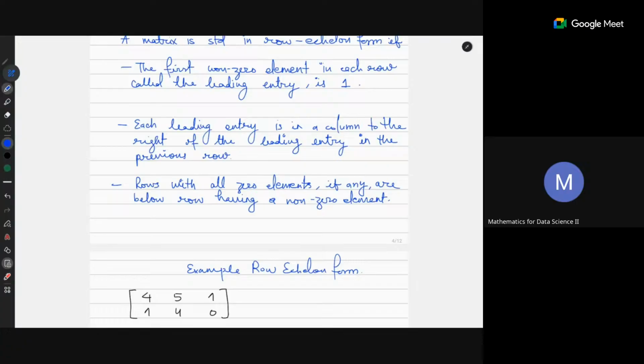So let me consider a new matrix which satisfies the first condition. All right. Now consider this example.